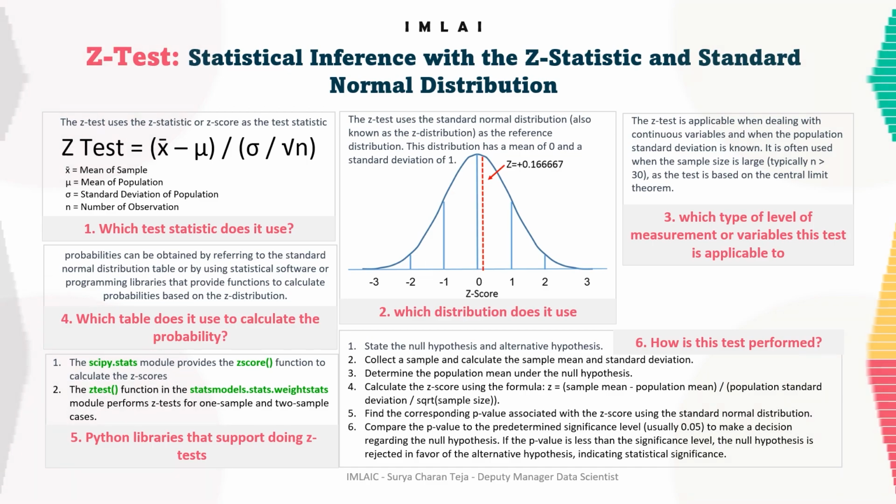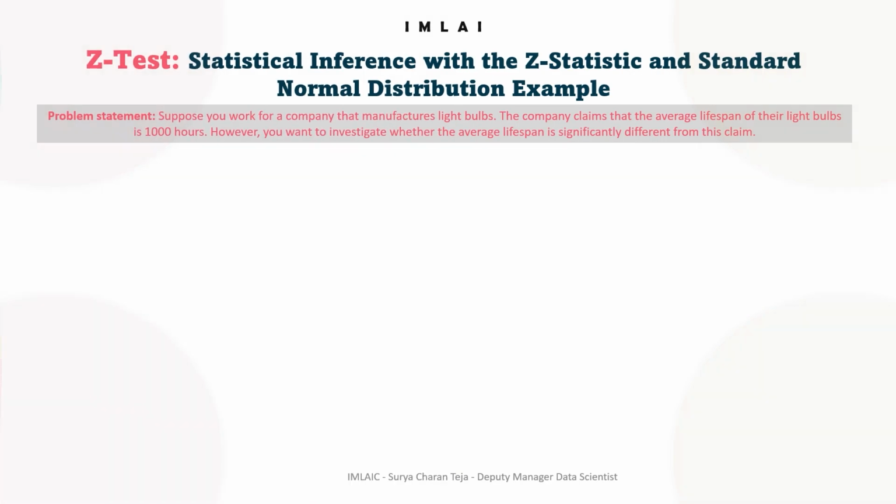So I hope you got the clear-cut understanding about z-test. Now let's take a simple example and try to understand this better. The problem statement is, suppose you work for a company that manufactures light bulbs.